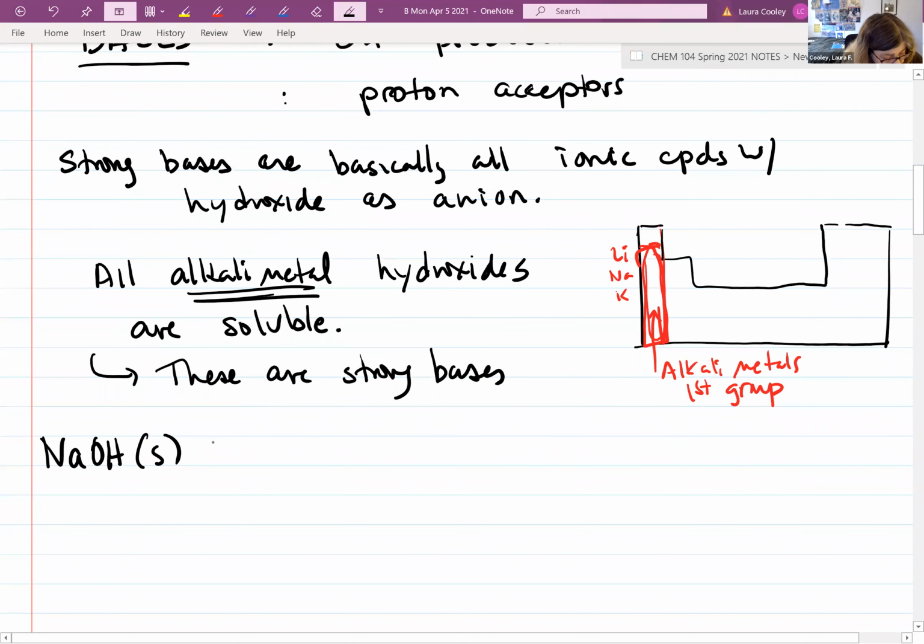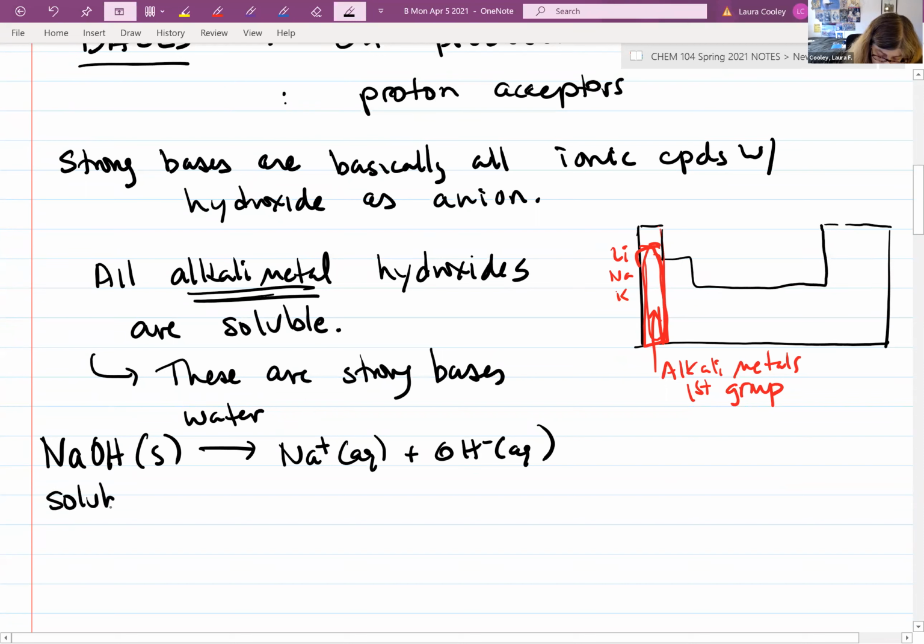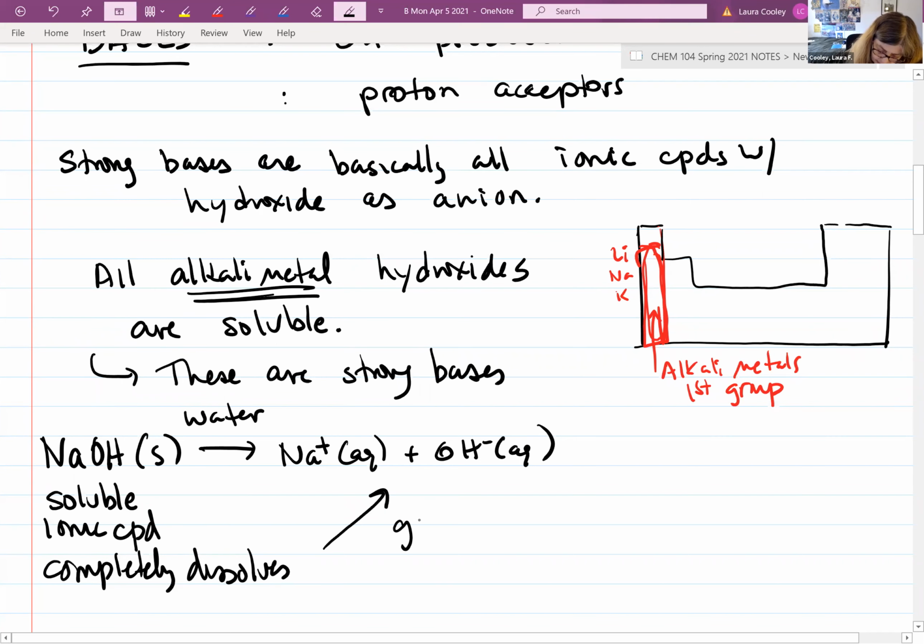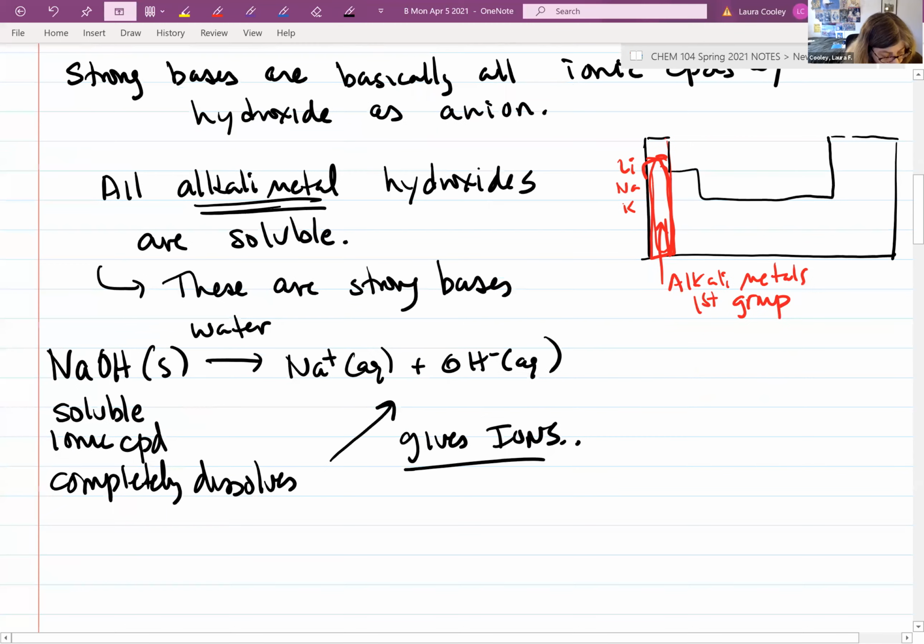You put it in water and you get sodium ions and hydroxide ions. And it dissociates, it completely dissolves. In fact, you could call it dissociating, but it's really dissolving because it's just a soluble ionic compound. Okay, so you get ions for all of them.